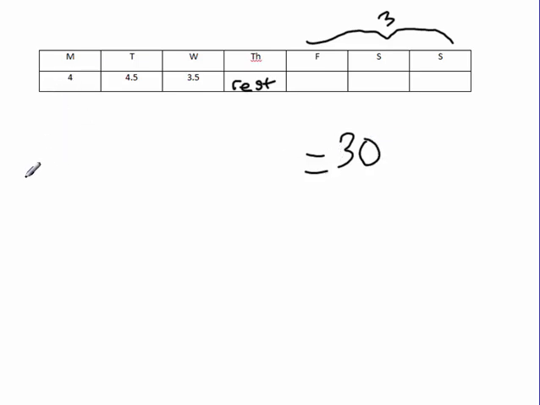And they've already run 4 plus 4.5 plus 3.5 miles. And then they want to add Friday, Saturday, and Sunday to the mix, but we don't know how much they have to do each day. So, since there's 3 days left, we're going to multiply that by the number of miles that they need to run in order to get to 30 total miles.